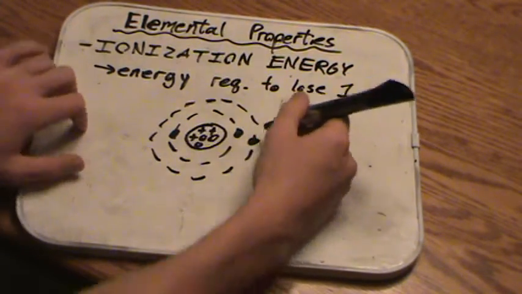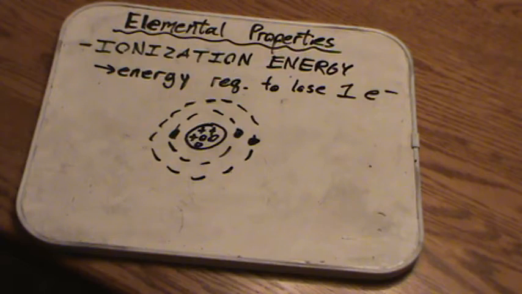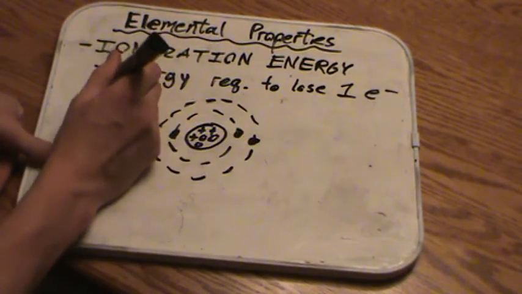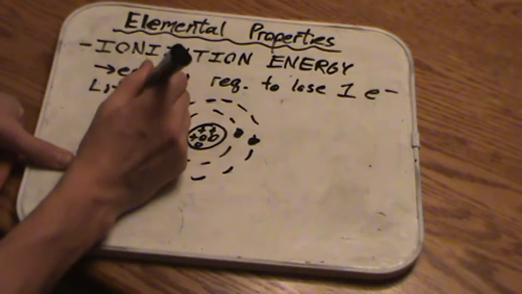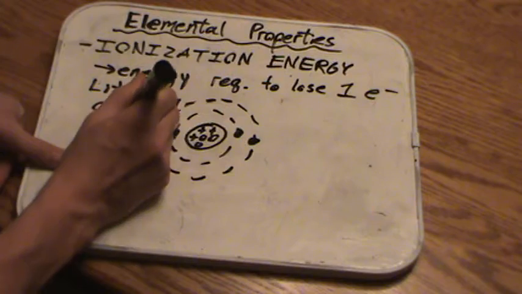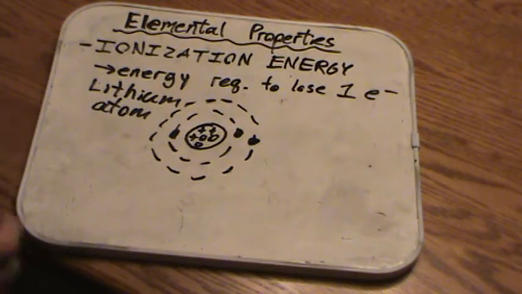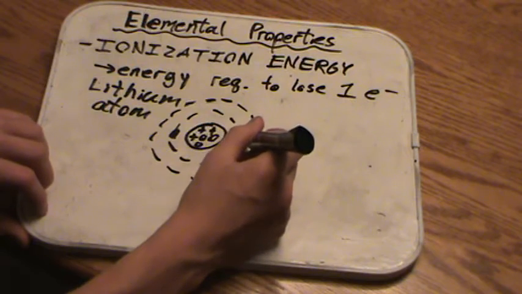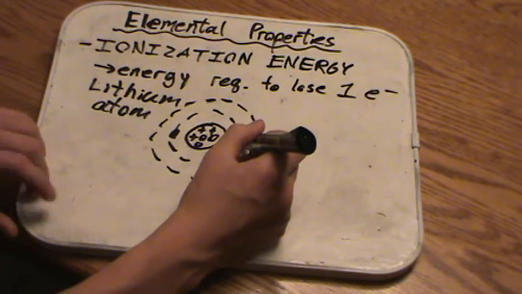So now this idea of ionization is when the lithium atom loses its electron. The attraction between the nucleus, the positive protons, and the negative electrons is broken.